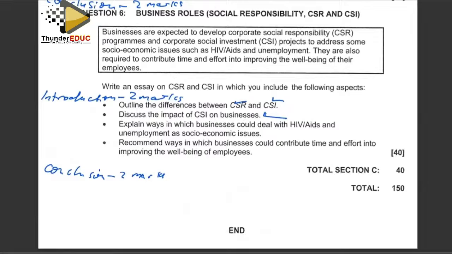Okay, right. So now let's actually move on to the next bullet, which is explain ways in which businesses could deal with HIV or AIDS and unemployment and socioeconomic issues. So now, grade 12, when it comes to HIV and AIDS at the workplace, in order for discrimination to be minimal, because if you still remember, the Employment Equity Act says no to discrimination to anyone at the workplace, regardless or in line with age, in line with gender, in line with language and other aspects.